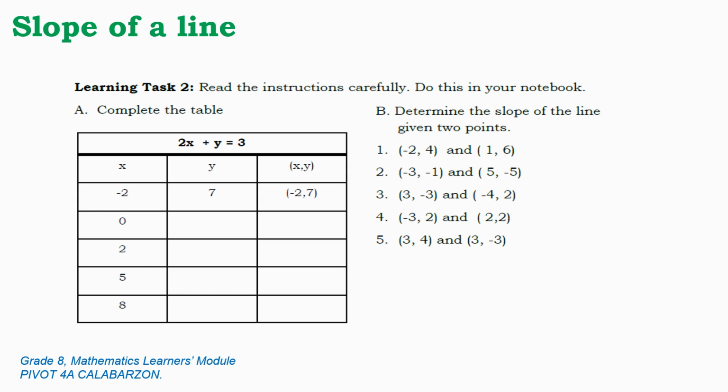So, dito, we have the problem. Read the instruction carefully. Do this in your notebook. Complete the table. Then, letter B, determine the slope of the line given 2 points. The slope. So, you are going to find the slope. The formula of the slope. And then, if you want to use the graph, the rise and run, no? Dito yung formula. Gusto mo yung rise and run.